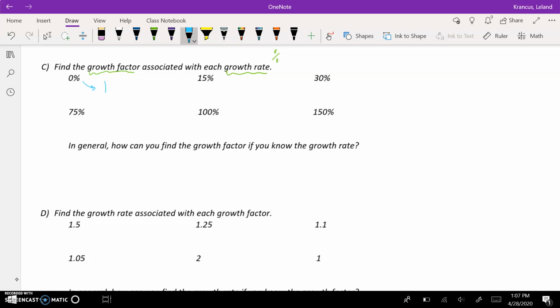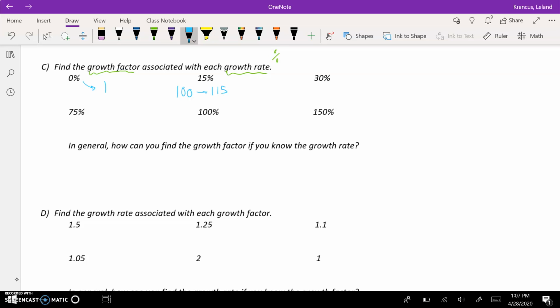Now, if something changes by 15%, so think of that hypothetical $100, and it goes up by 15%. That means it goes up by $15. So you're going from hypothetically $100 to $115. For your growth factor, you're thinking, what would I multiply 100 by to get 115?